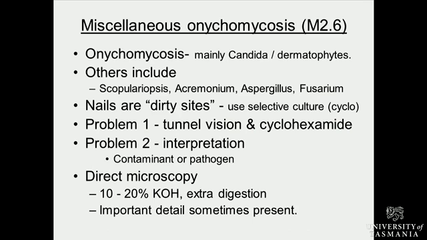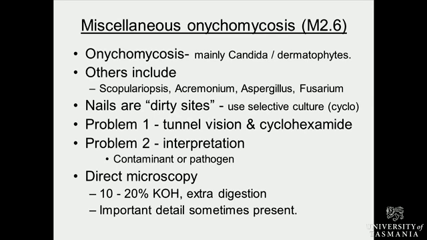So the others involve a whole range of fungi. Scopulariopsis, Acremonium, Aspergillus, Fusarium. These are all hyaline hyphomycetes. Because your nails, toes especially, are dirty sites that contain lots of other stuff, fungi and bacteria, it helps to have your plates being selective.